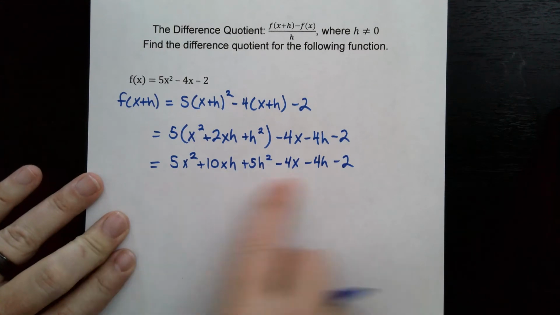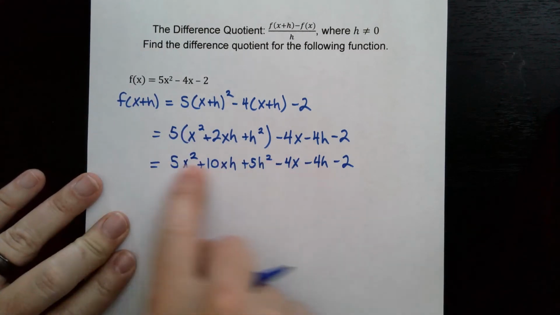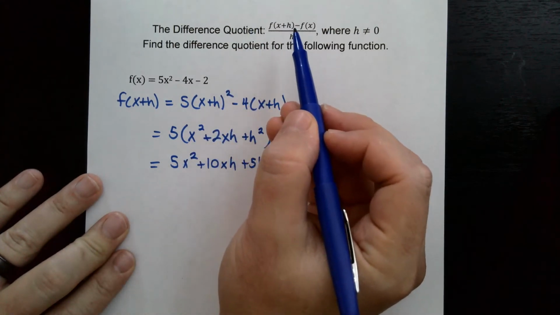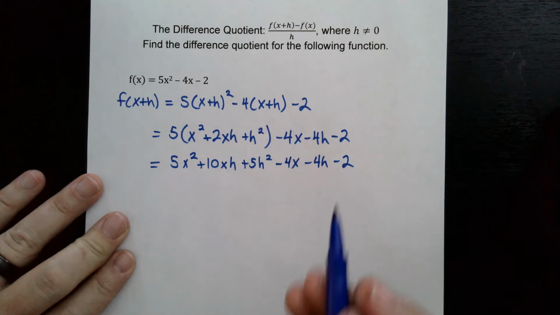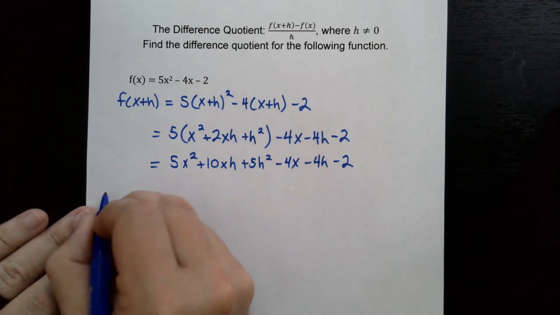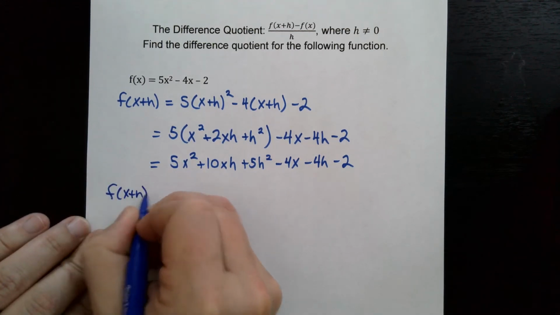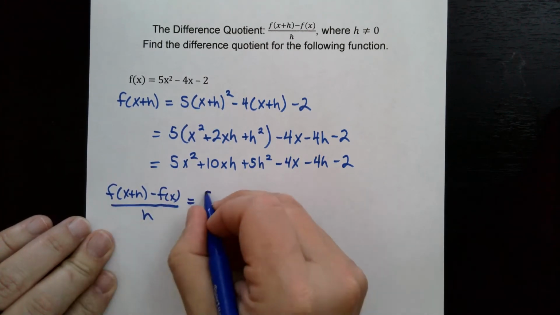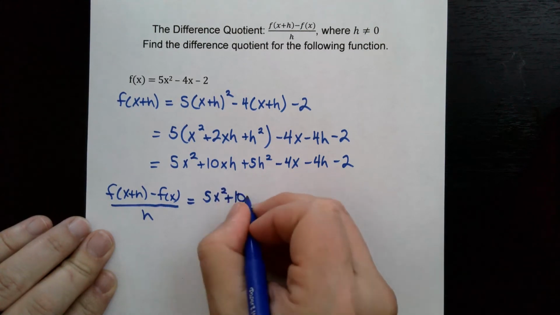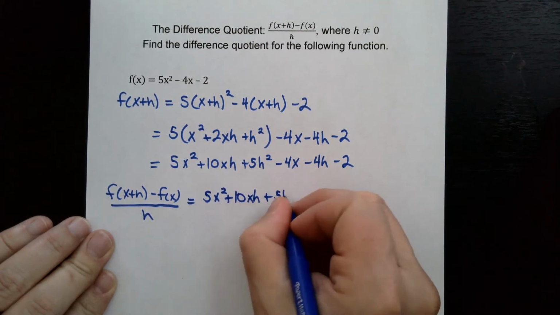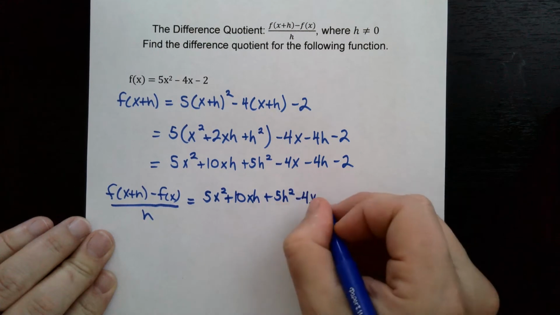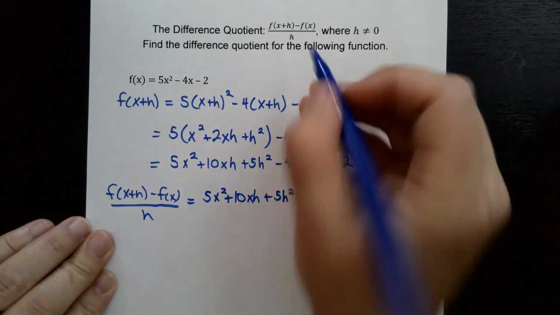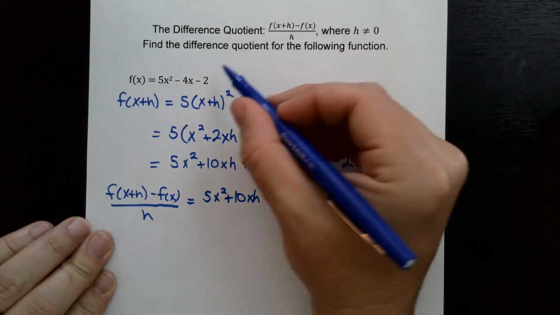So it doesn't look like we have any like terms. So that's it for f of x plus h. So we'll put that here. And then we'll subtract f of x, which is this, and we'll divide by h. So we have f of x plus h minus f of x divided by h is equal to 5x squared plus 10xh plus 5h squared minus 4x minus 4h minus 2, and then minus, notice the formula says minus, all this stuff.